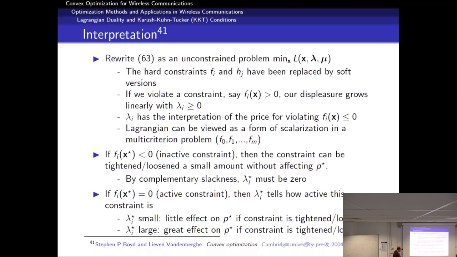But if lambda is large, it will have great influence on P star. So your Lagrangian multiplier is a measure of the sensitivity of your objective function to any change in the constraint, essentially. It's a measure of how much your constraint can be tightened or loosened. If your lambda_i is very large, it means you're very sensitive to any change in those constraints.